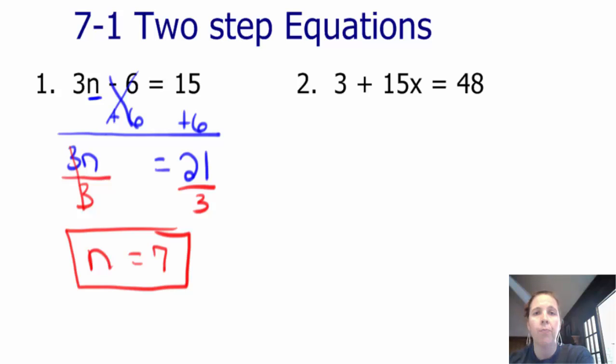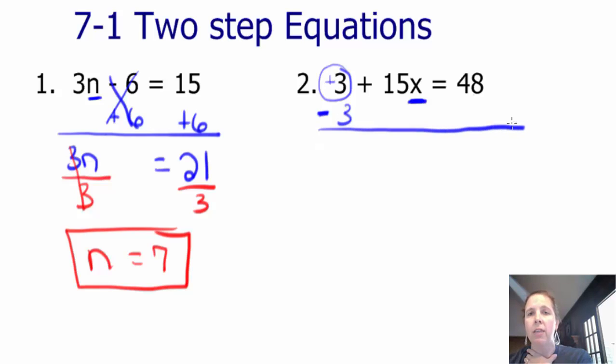Okay? So the next one, 3 plus 15x equals 48. Again, we want this x to be all by itself. But we don't want to do the 15 yet, because if you do the 15, then you have to divide everything. So let's subtract our 3, because you look at what's in front of the 3, and it's positive. So we do the opposite. We subtract 3.